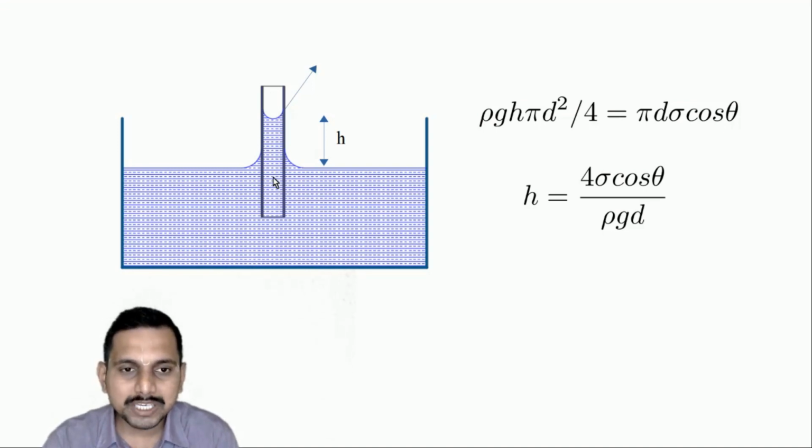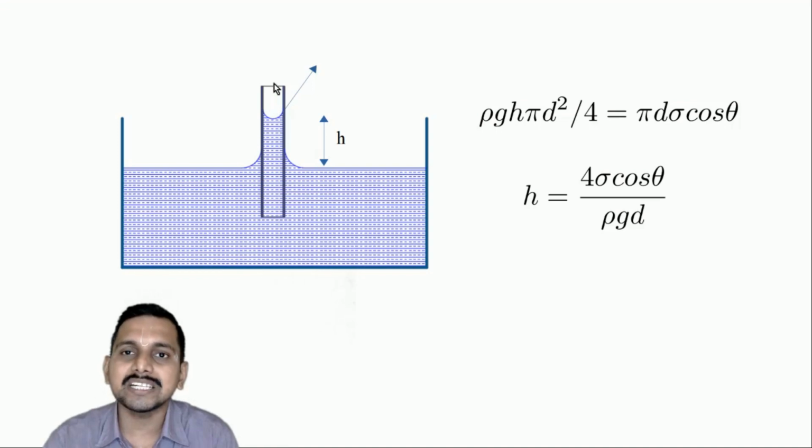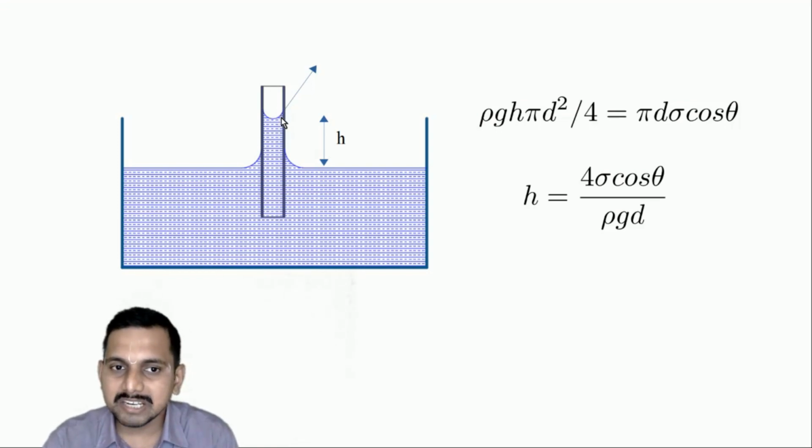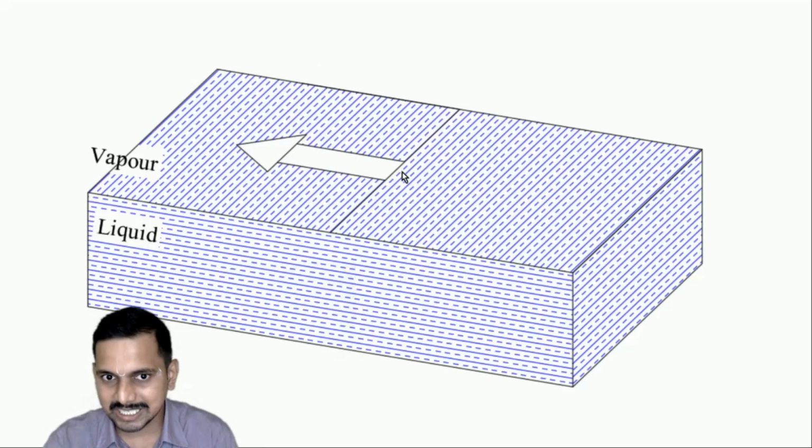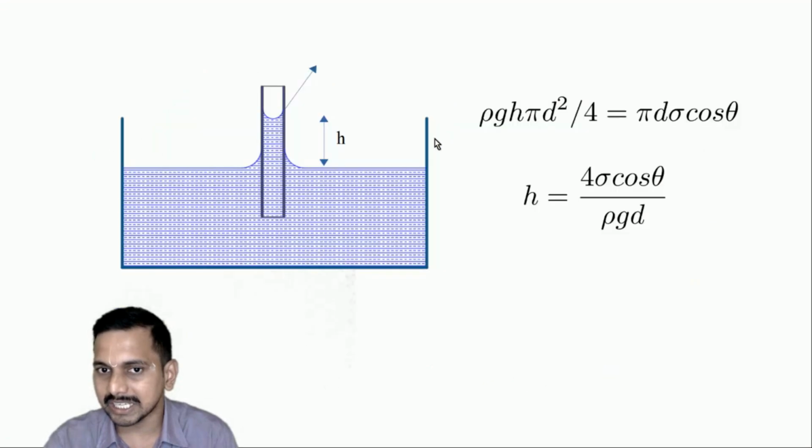Okay. Now, if you see the capillary action, because of surface tension force, the adhesive forces, what happens? This liquid column climbs inside this capillary tube. Now, if you see here, this is a surface. If you consider this line, the equivalent to this line would be the circumferential line here.